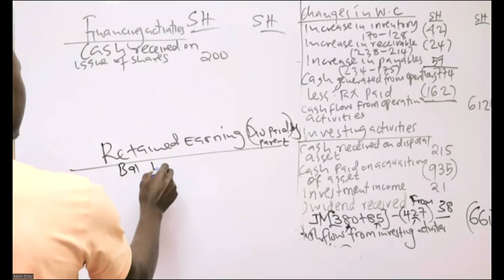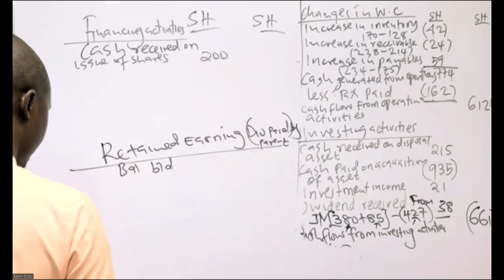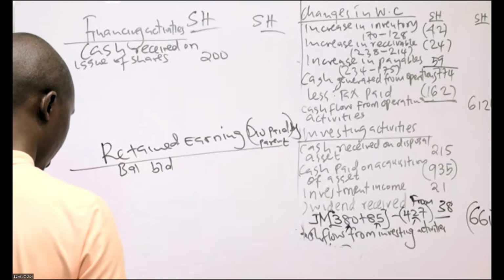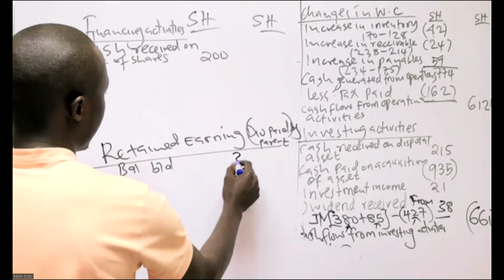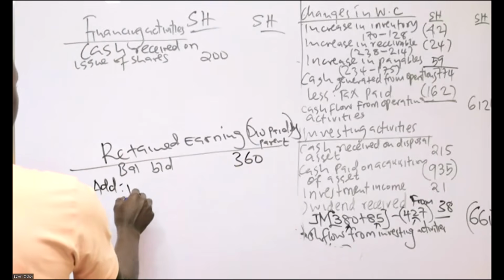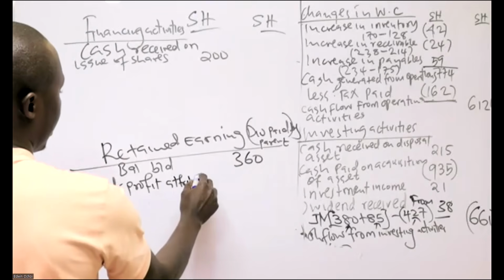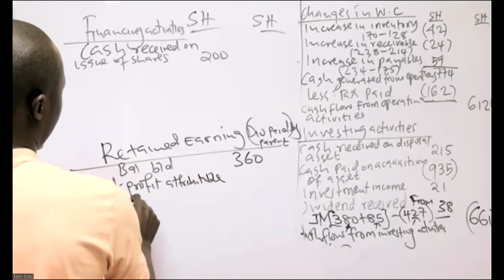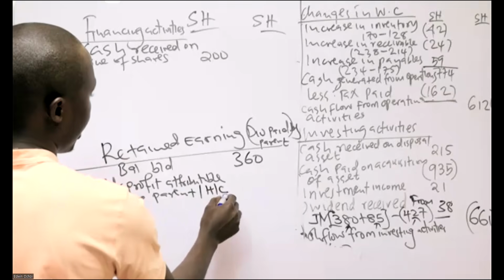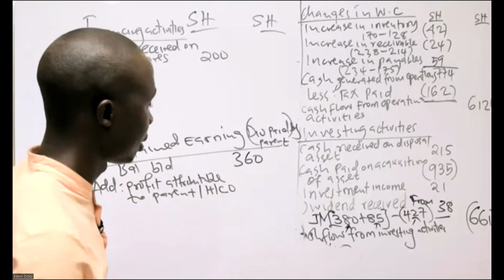So the balance brought down for the retained earnings is 360. So add the profit attributable to parent from the income statement, or we call it holding company in some scenarios.